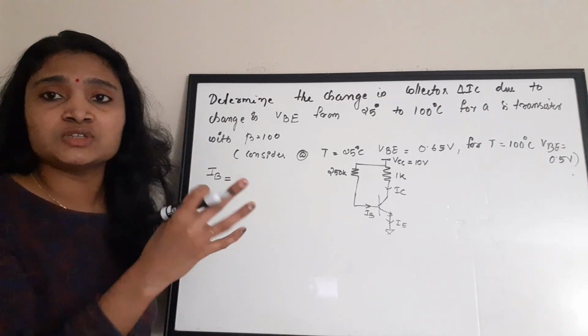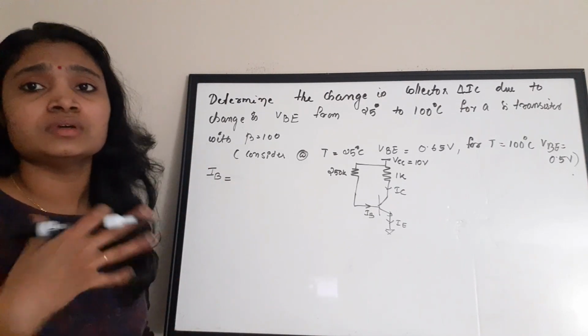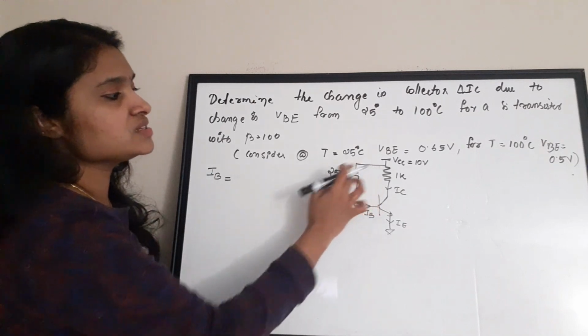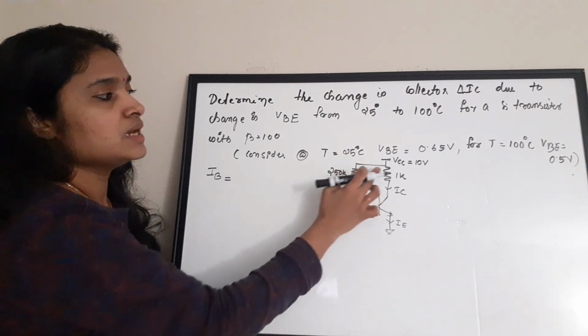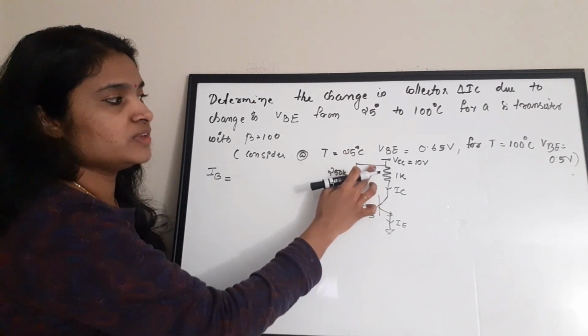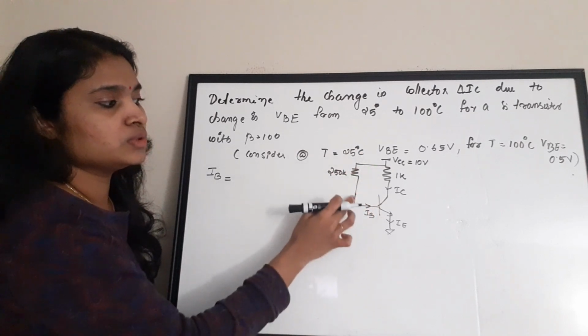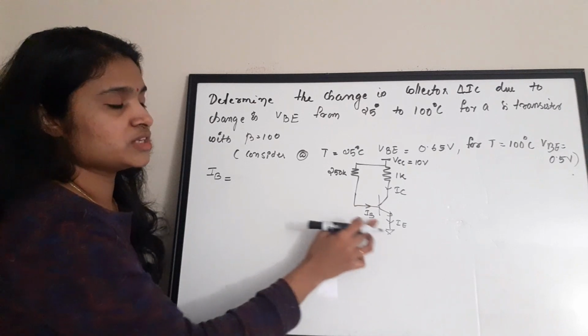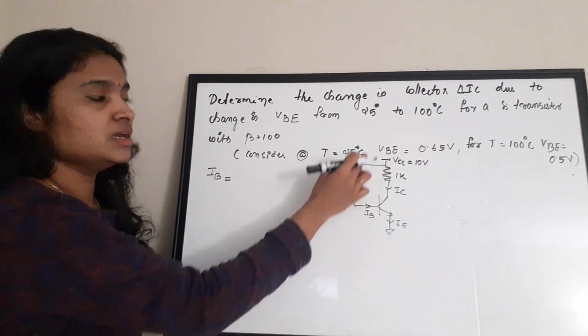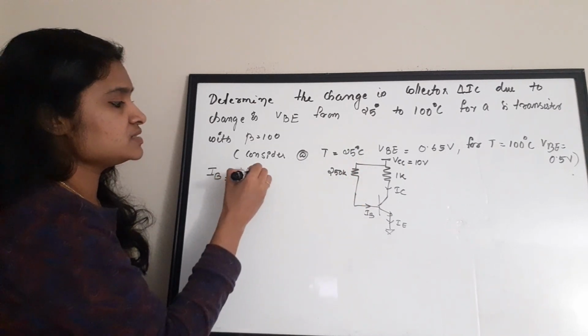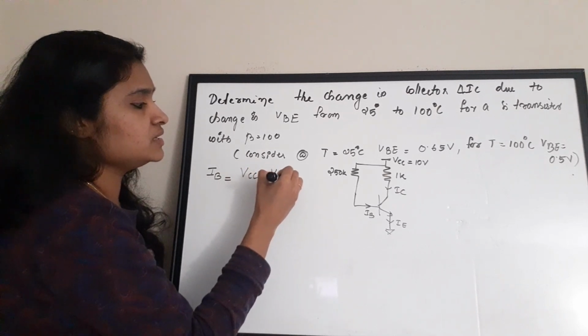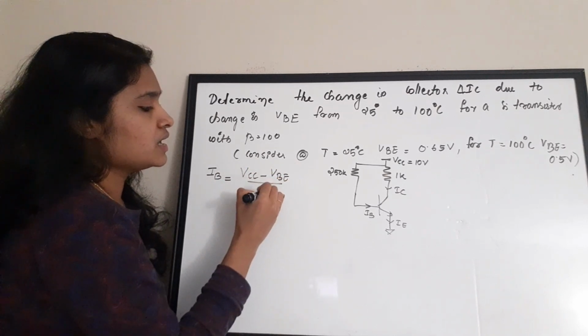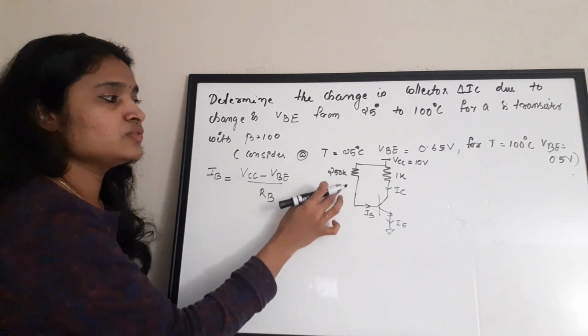Current is equal to voltage by resistance according to Ohm's law. So here, what is the potential difference? One end is connected to VCC, one end is connected to the base emitter region. So here the potential is the base emitter voltage VBE, here the potential is VCC. So the difference is VCC minus VBE, divided by RB, that is the value of resistance.